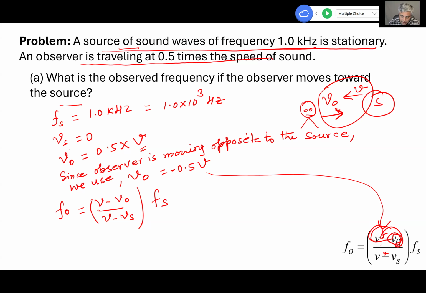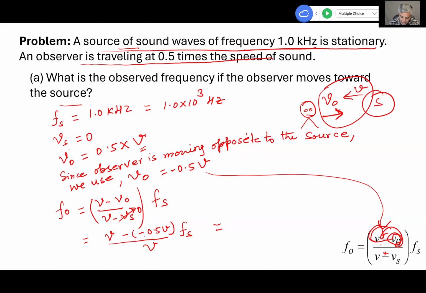So now Vs is 0, which means this is 0. So we have V minus minus 0.5 V over V, and this is Fs. So now let's see how it simplifies.